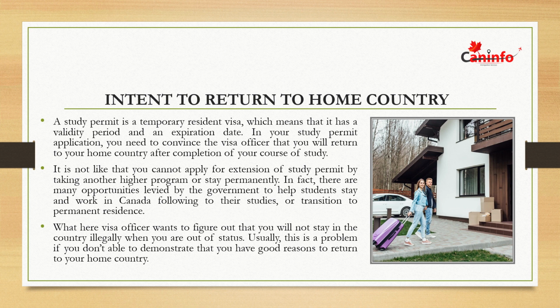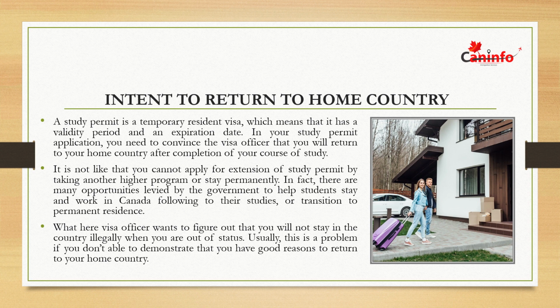That means after the completion of your course of study, you will come back to your country, or if required, you will get your study permit extended for further higher studies, or if you want to work there, you should have a valid postgraduate work permit and you are working there under that work permit.